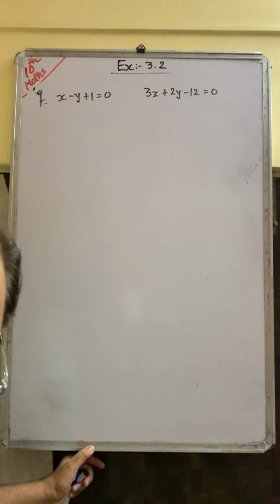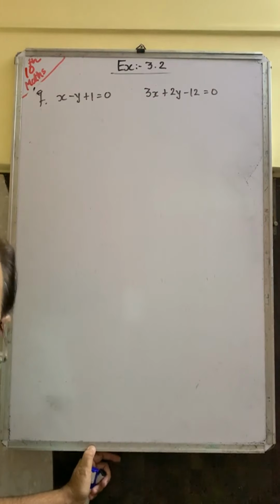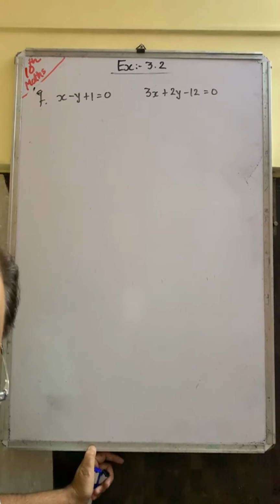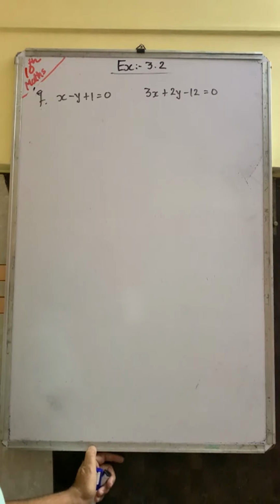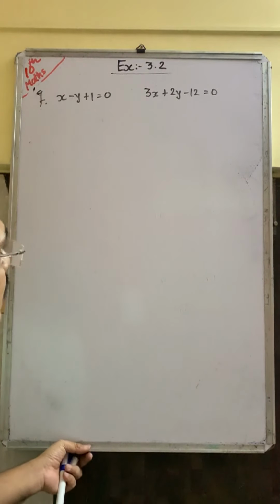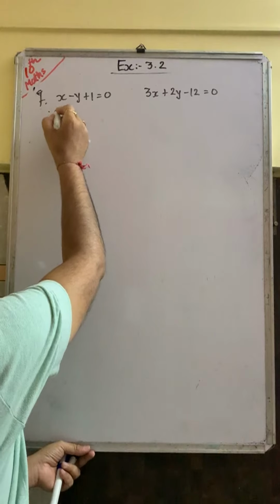Determine the coordinates of the vertices of the triangle formed by these lines and the x-axis and shade the triangular region. Interesting.